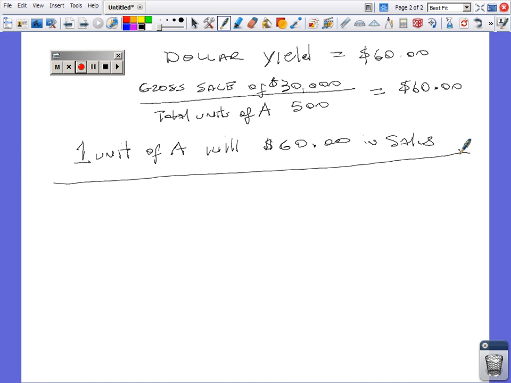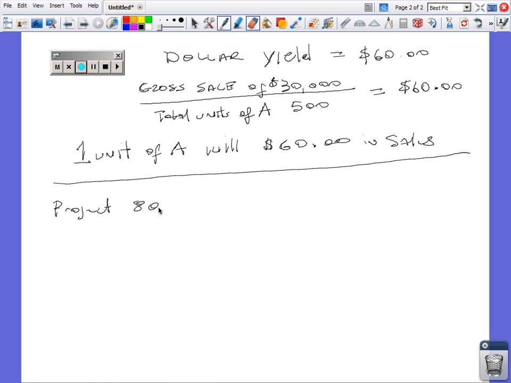Pretty simple math. Now, let's take a pretty small number, and let's say we had a projected sale of $6,000.